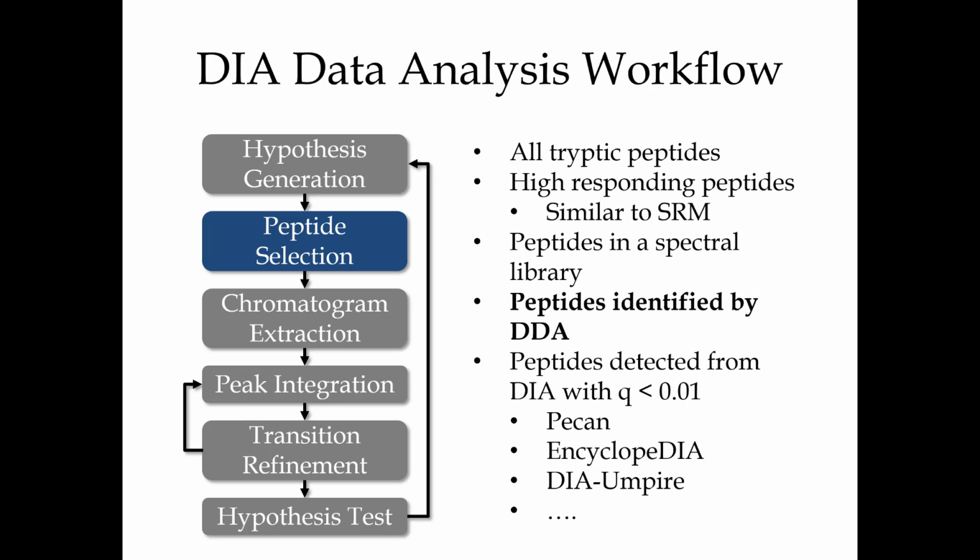We're collecting DDA data to know what we think we can see in the samples, right? And then that all gets searched and everything, and we go, okay, these are the things we think we can see, and we're now starting to feel that, well, DDA doesn't see everything that you can see with DIA, and so there are now DIA identification tools that are happening. There's a lot happening, but basically you get better quantitative data out of the fragment ions than you do out of the MS1 ions.